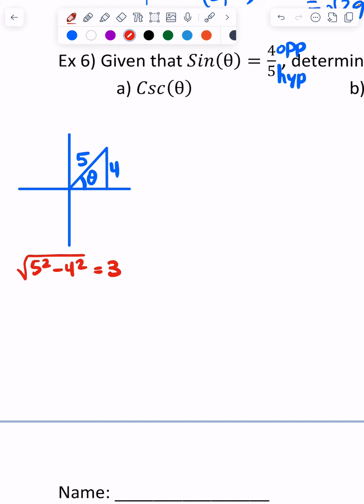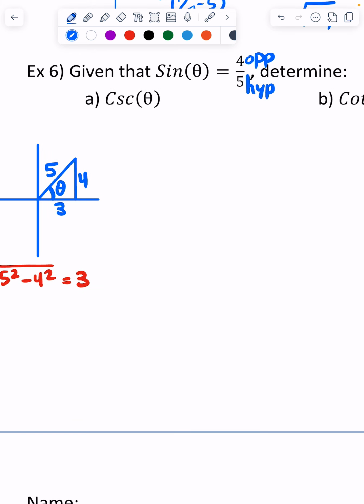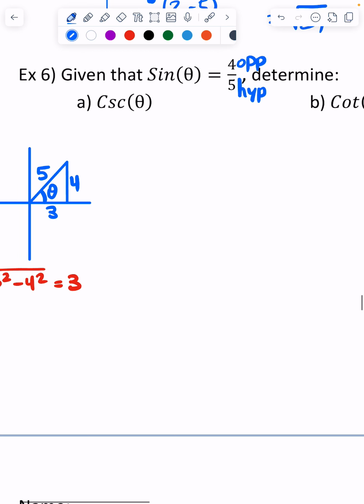So you know that your missing side is 3, the adjacent side. Now we can answer any trig function, right? We can answer sine, cosine, tangent, and cosecant, secant, and cotangent if we want. We just have to interpret what those mean.